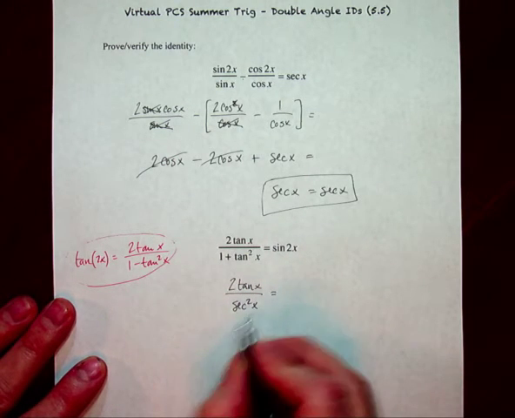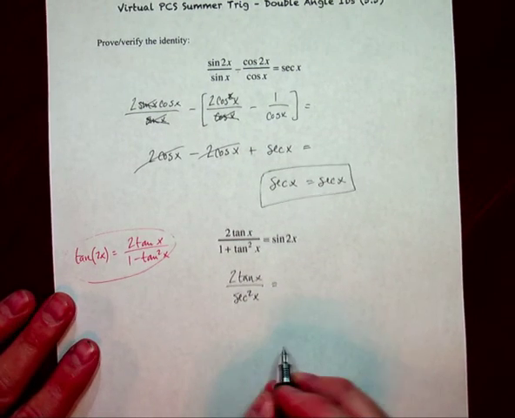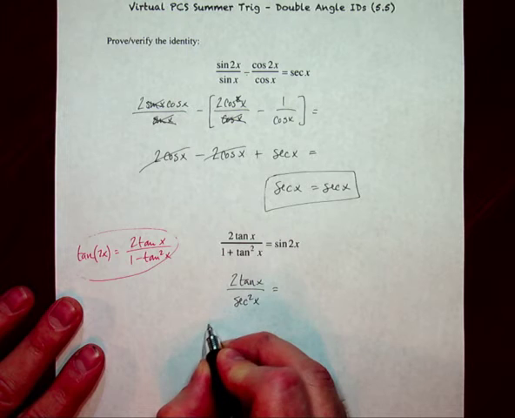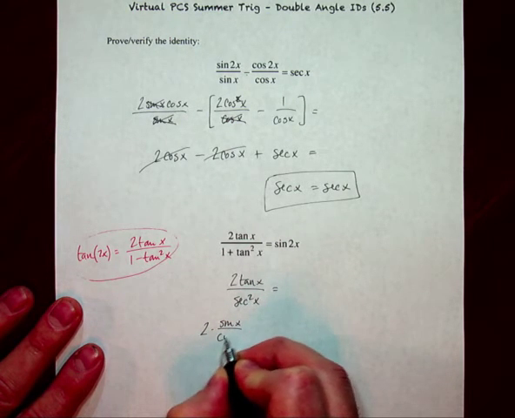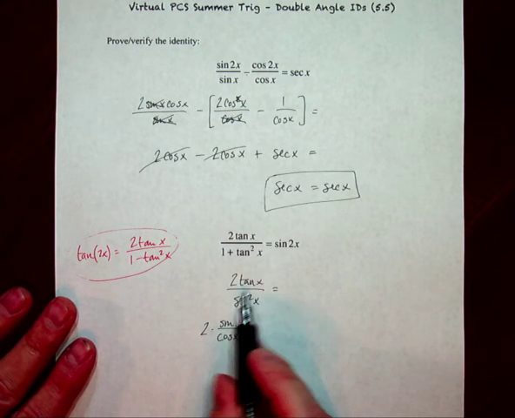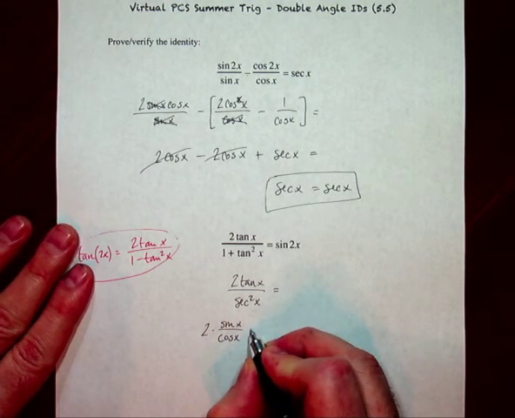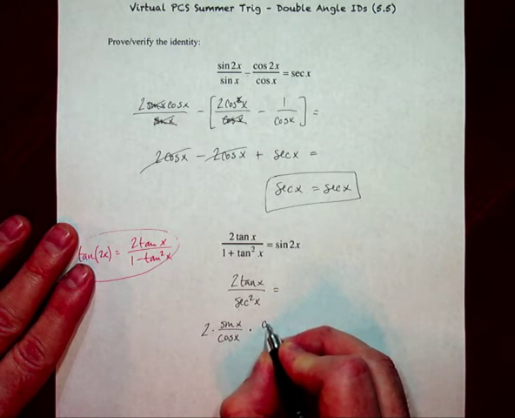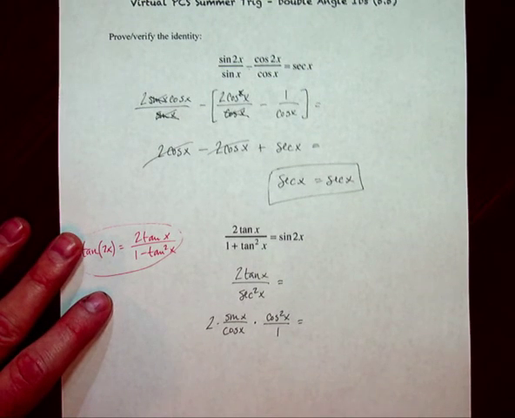And that means, because if you're dividing by secant squared, you're dividing by a fraction, I'm going to take the numerator and put the tangent as its implied fraction. And then I'm going to multiply by the reciprocal of the denominator.